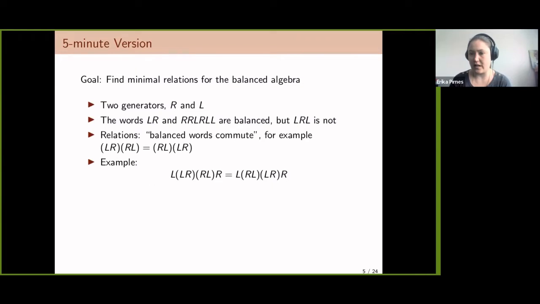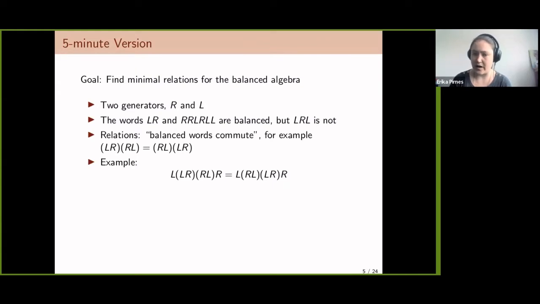In this word, I first have an L, then this pair of two balanced words, and then an R. Inside the balanced algebra, I'm allowed to switch these two things in the middle. So these two words would be the same in the balanced algebra.